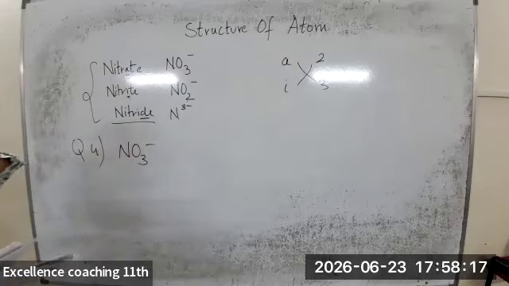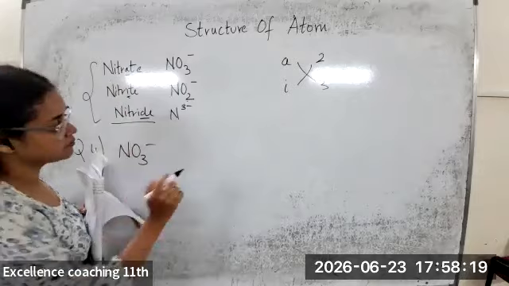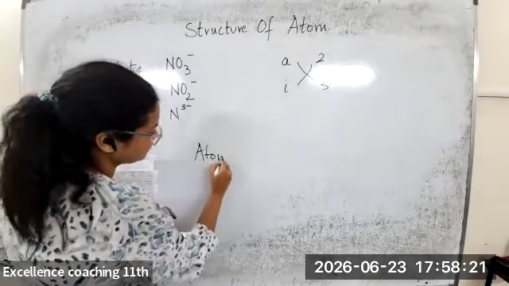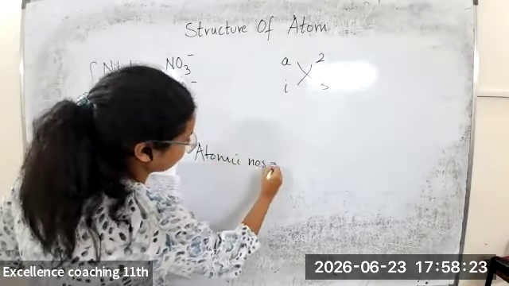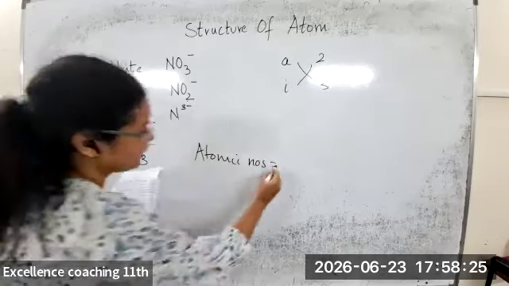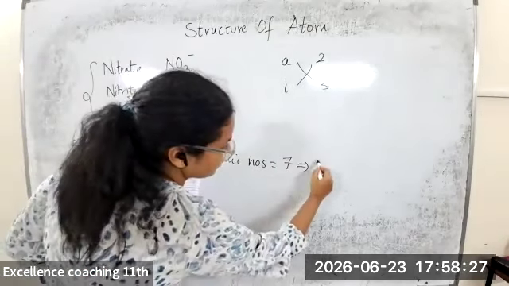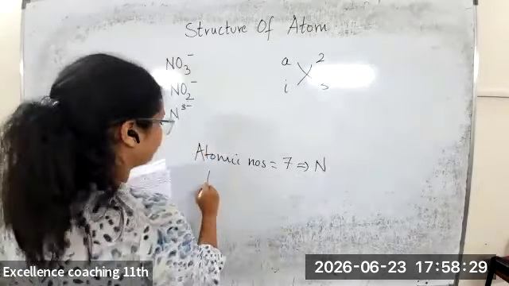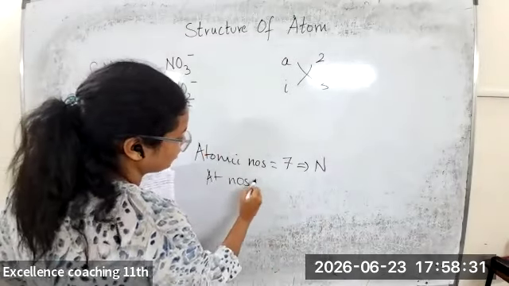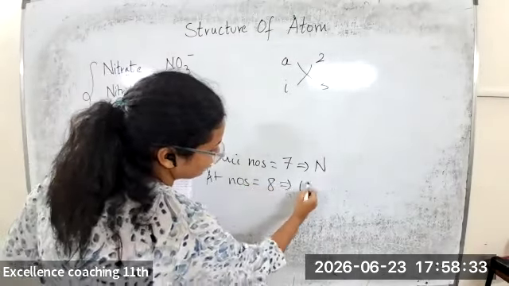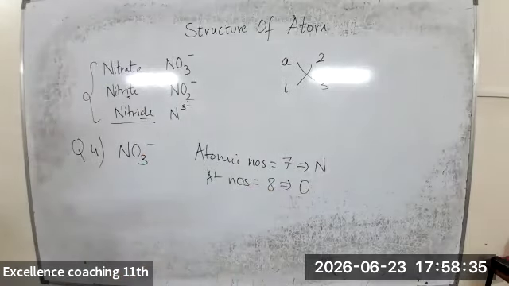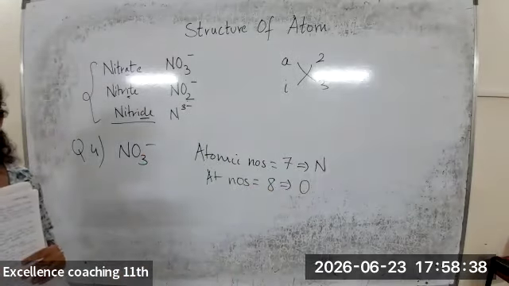What information are we given? We are given the atomic number 7, that is for nitrogen. We are also given the atomic number 8, that is for oxygen.